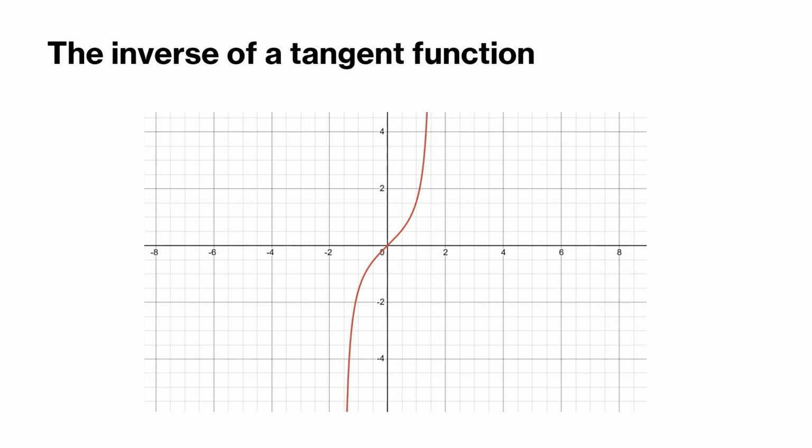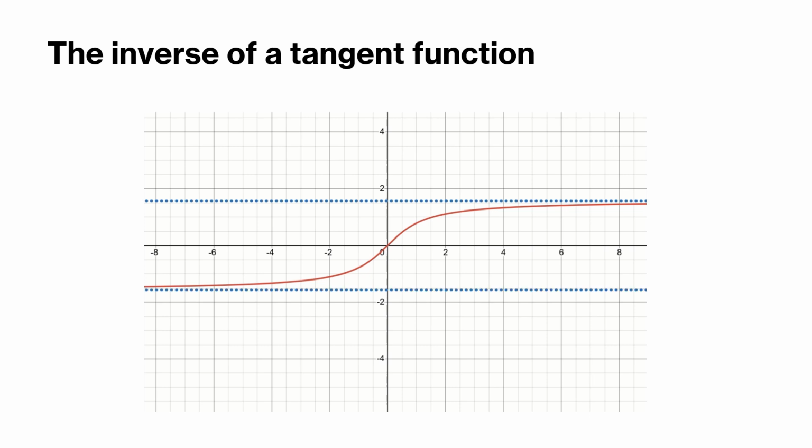The inverse of this piece would be something reflected over y equals x, and when I reflect it over that, it looks like this. So that is the inverse tangent. Let's put some asymptotes in there. Note that they are now horizontal asymptotes.